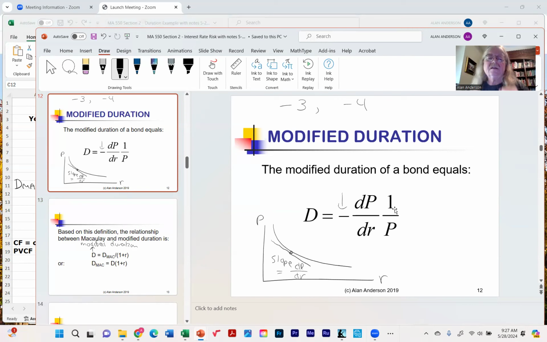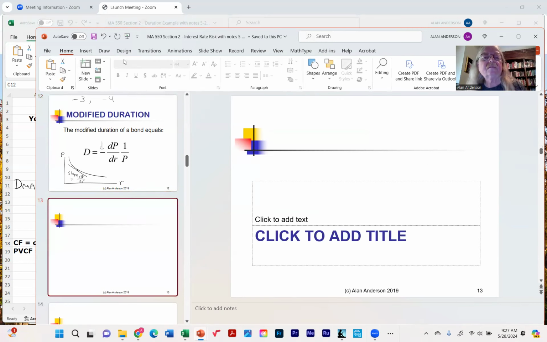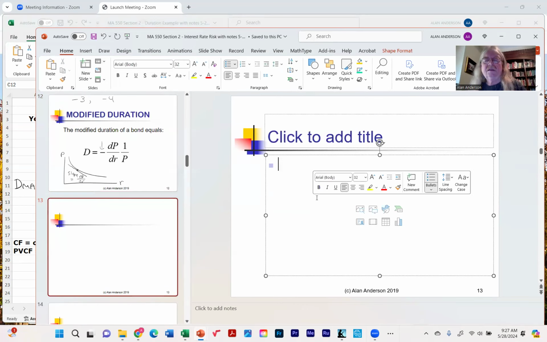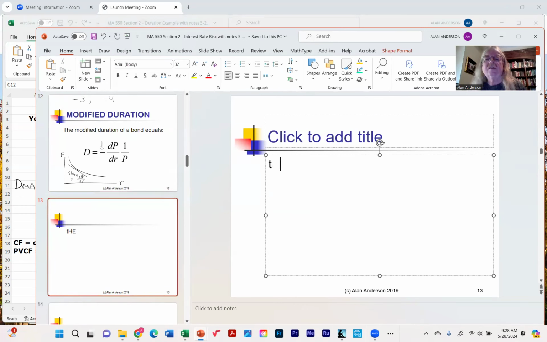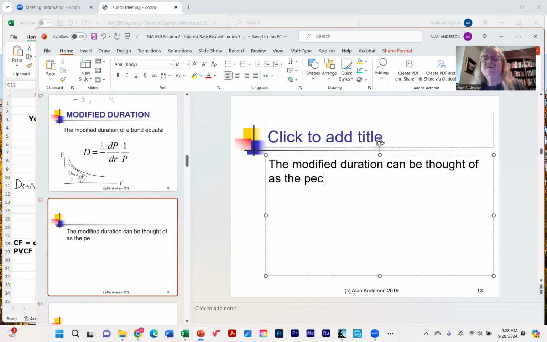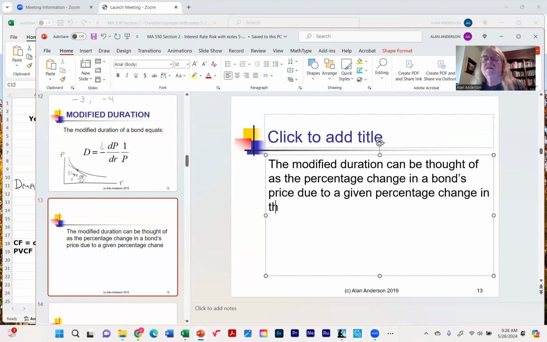In other words, the duration is designed. Let me add this in here somewhere. The modified duration can be thought of as the percentage change in a bond's price due to a given percentage change in the yield.